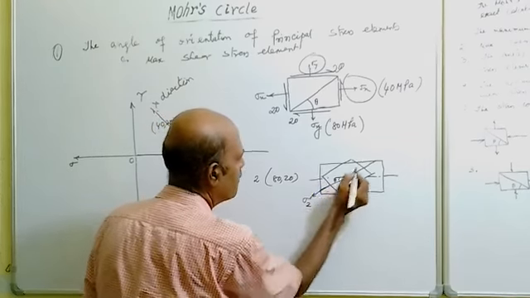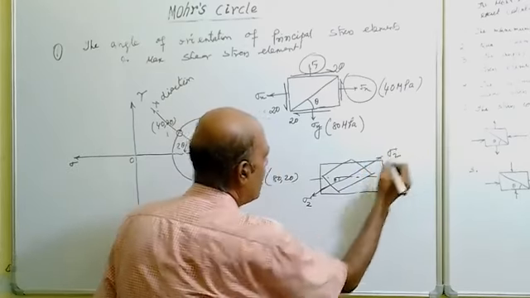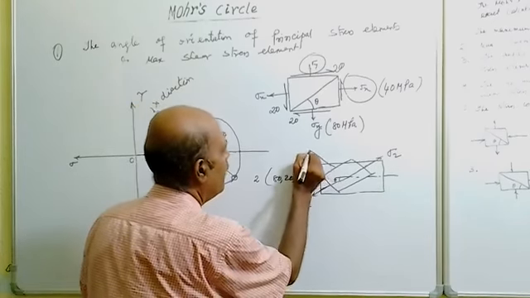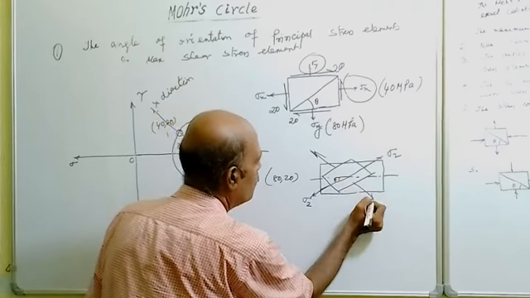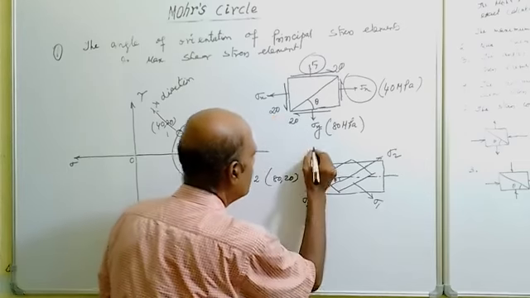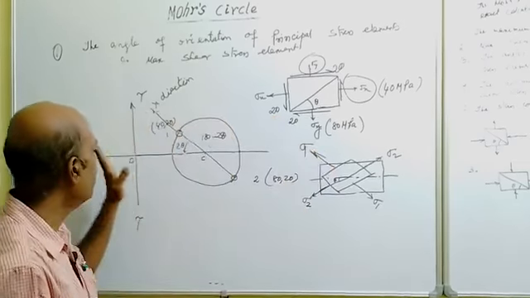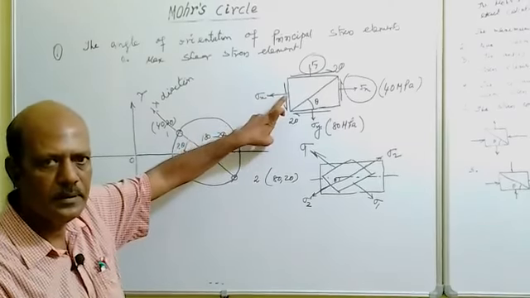This plane is the minor principal stress plane where sigma 2 stress will act, and this is the plane which will be at an angle of 90 degrees to the sigma 2 plane, that is where the major principal stress will act. Now again, the stress condition is given.